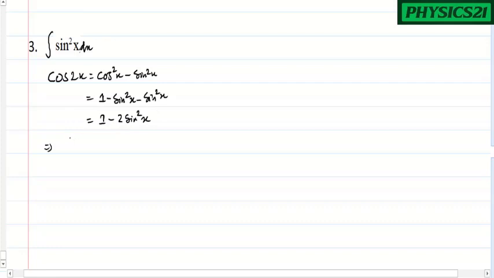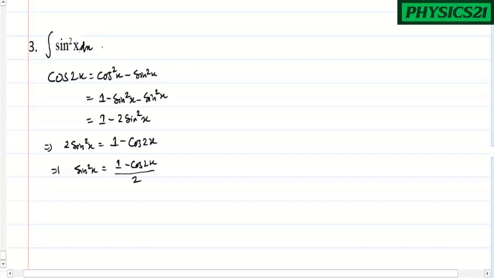The value of 2 sin² x will be 1 minus cos 2x. So the value of sin² x is written as (1 − cos 2x) divided by 2. This is the substitution we will use in this function.